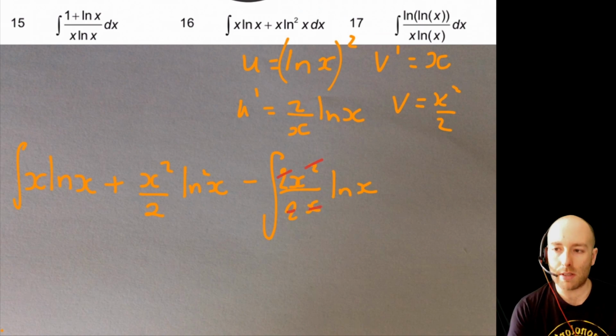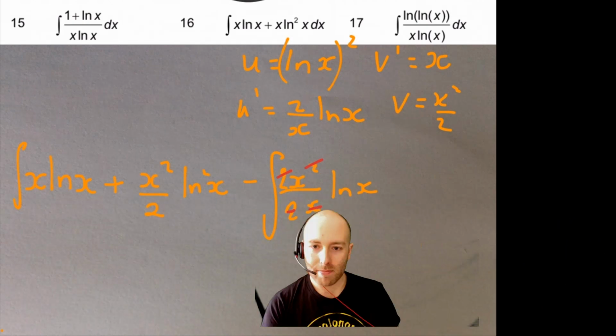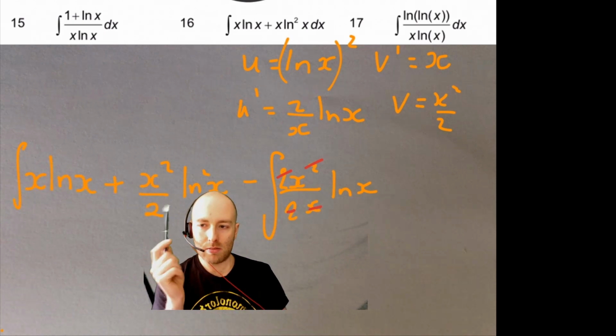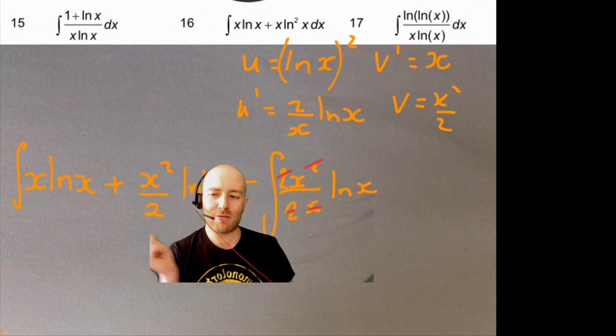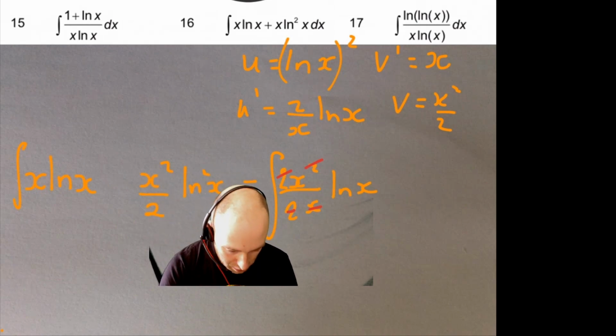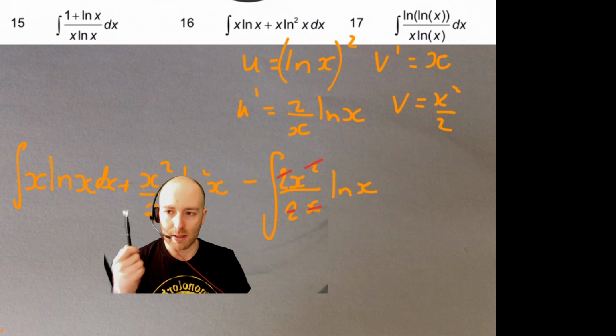Ooh, so this is interesting. So we've got the integral of x ln x plus this, which is done. That's a bit dodgy that I've written it like this; really, I should put dx in here to show that this isn't being integrated, but whatever.